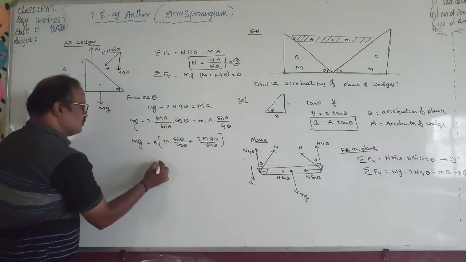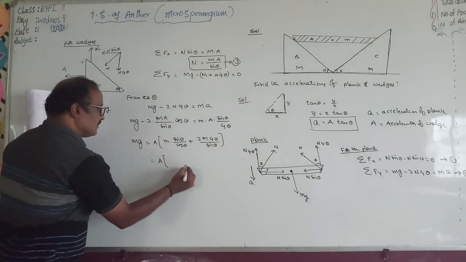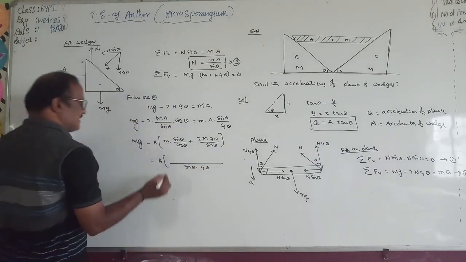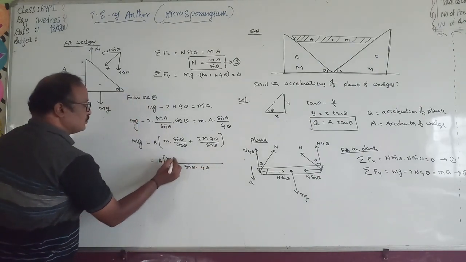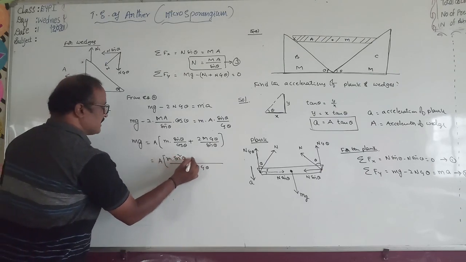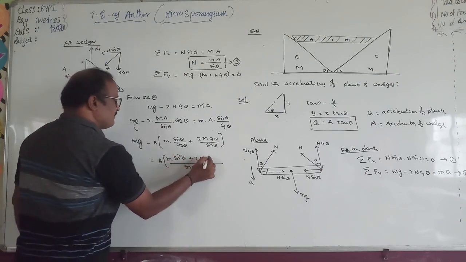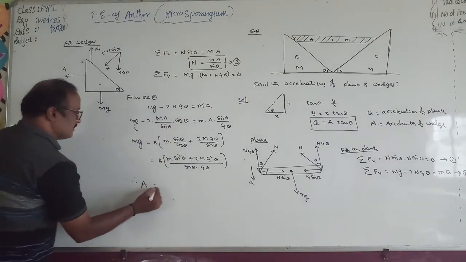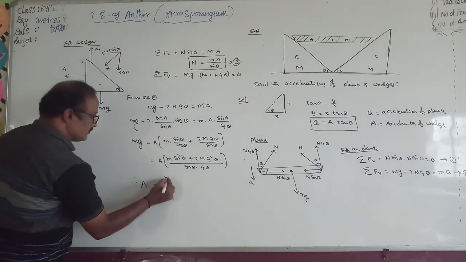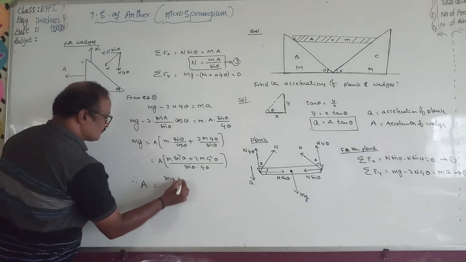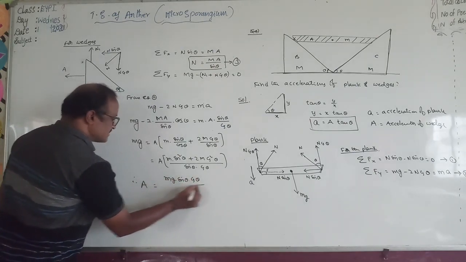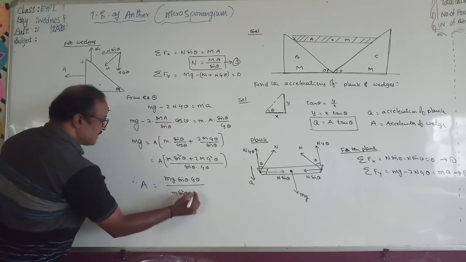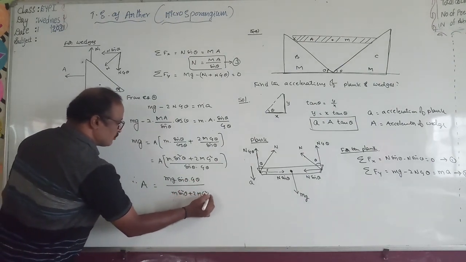This is equal to capital A into, here sin theta cos theta is taken as the LCM, m sin square theta plus 2M cos square theta. Therefore, capital A is equal to mg sin theta cos theta by m sin square theta plus 2M cos square theta.